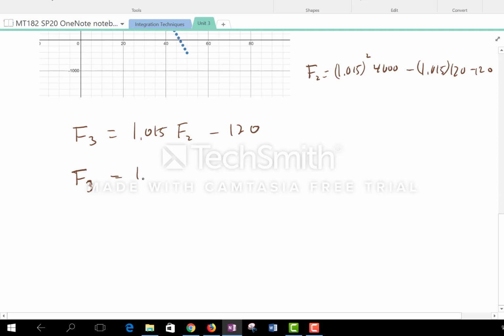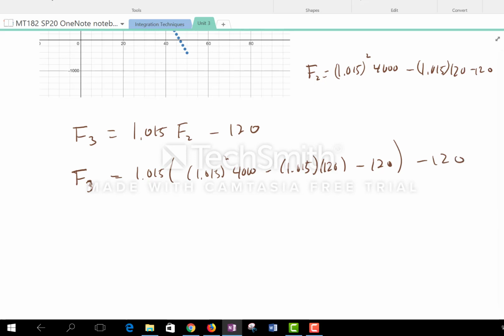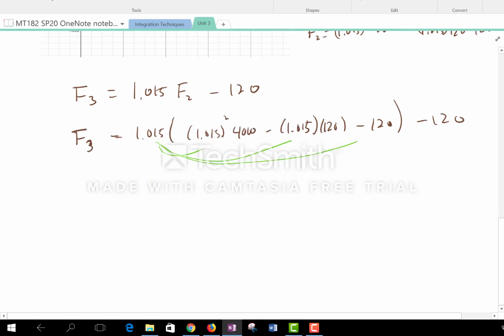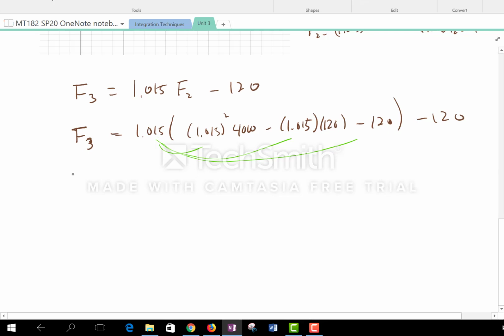So it'll be, okay, and then we still have the subtracting of 120 there. And then the same thing's going to happen. We're going to multiply through by the 1.015 to each one of these terms. And then look at what we're coming up with.